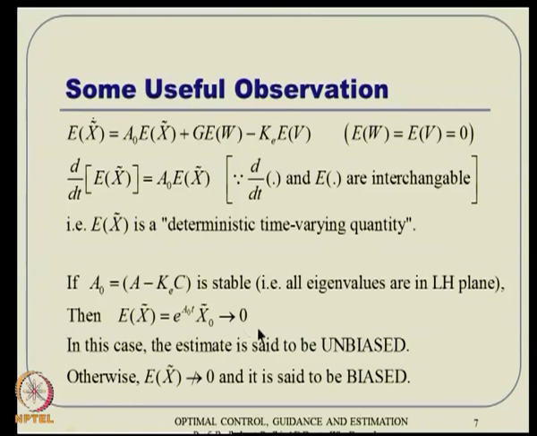If it happens that way, the estimate is said to be unbiased, because the expected value ultimately goes to 0. What if it does not happen? That means the expected value of x tilde does not go to 0, and then it is said to be biased. It will result in a biased estimate, which is not really good, because the error should go to 0, and then you get the true value.